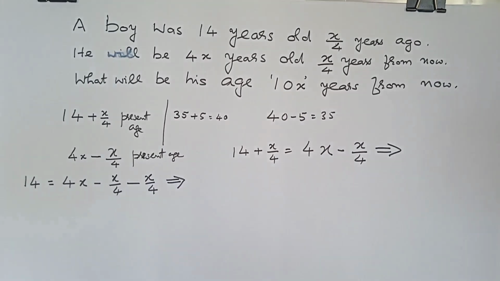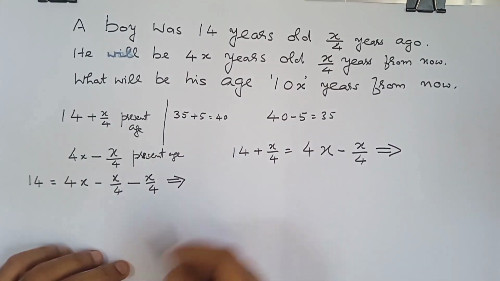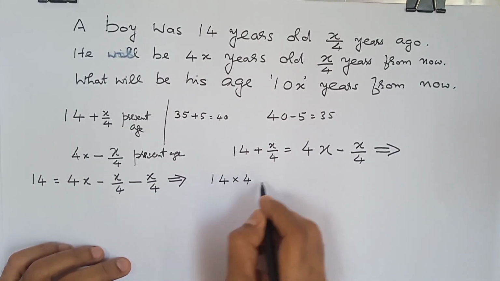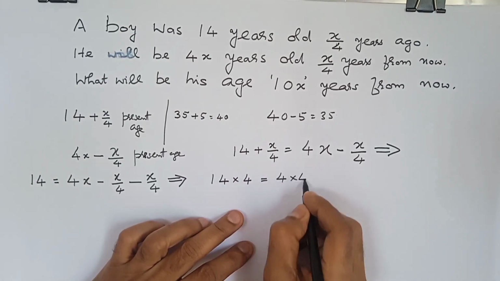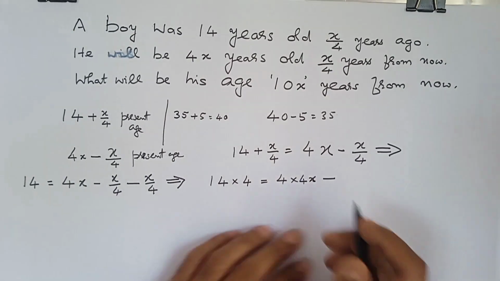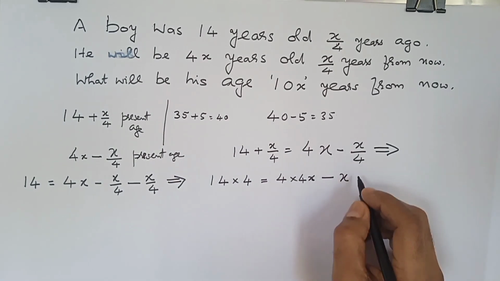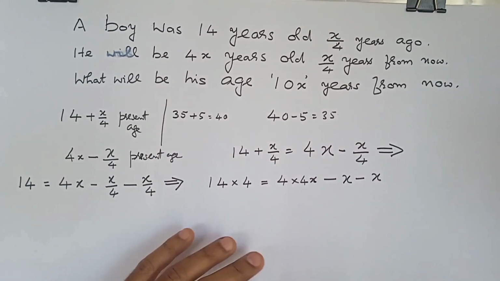Now you have some fractional terms, so to get rid of them, you multiply the equation throughout by 4. You get 14 into 4, 4x into 4, minus x by 4 into 4, which is just x. Again, one more x, minus x by 4 into 4, also becomes x.